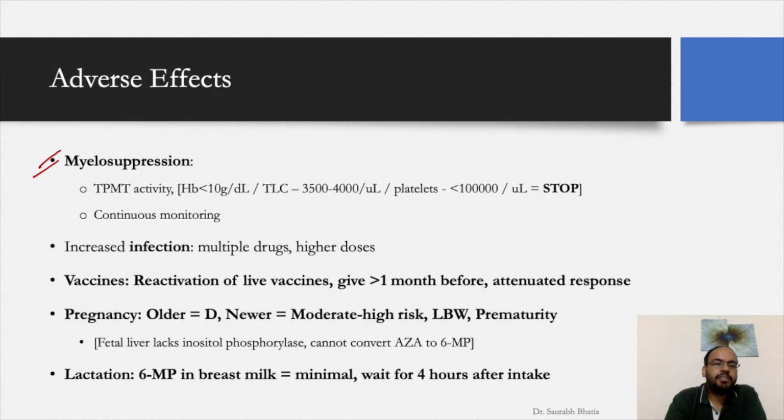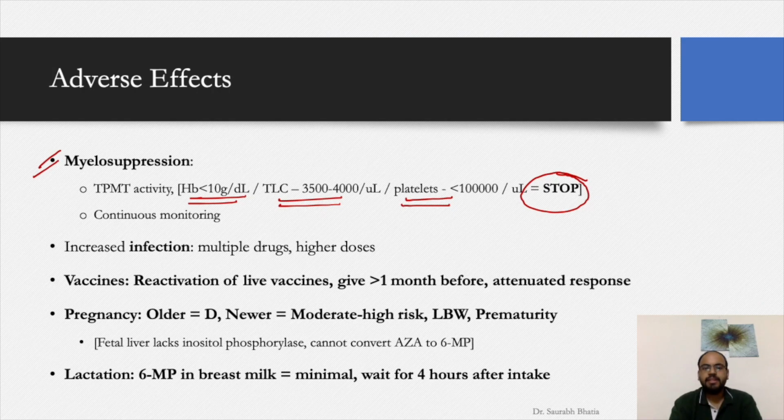Now, myelosuppression is one of the first issues to crop up when you give azathioprine in patients who have subnormal levels of thiopurine methyltransferase, and it is mentioned that if hemoglobin is less than 10, TLC less than 3500, platelets less than 1 lakh, you stop the drug.